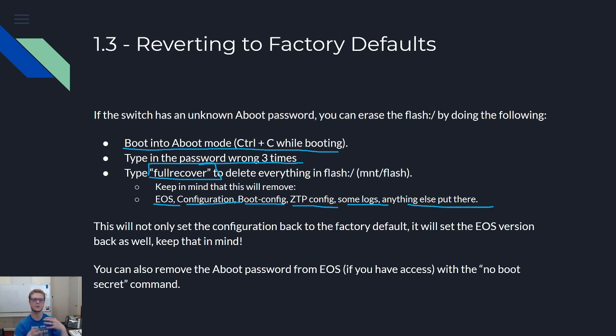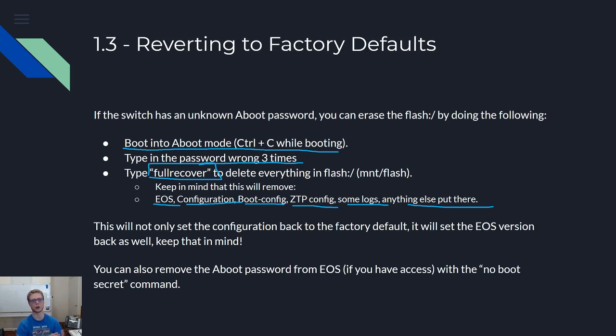So if there's any kind of certificates or anything, especially if you're very security conscious, you've got certificates on all of your switches, you want to put them in flash and set your Aboot password so that if someone has got physical access to your switch, maybe they stole it, maybe they got it from some kind of recycle factory, or maybe they work at some kind of refurbishing place, and they get it and they're like, hey, I see this certificate is still valid for 3 months or whatever.